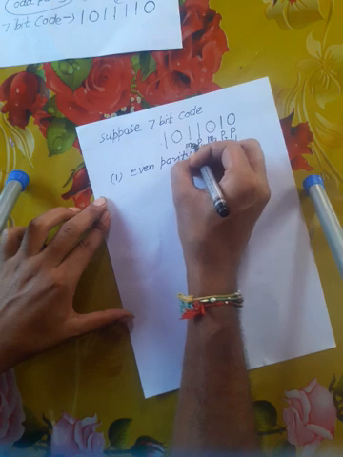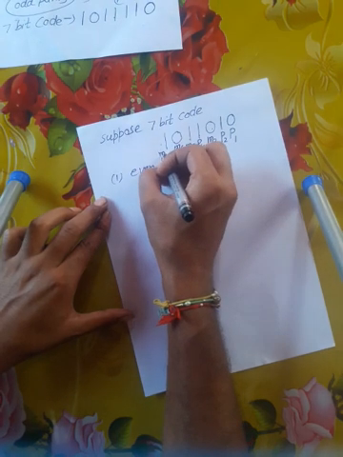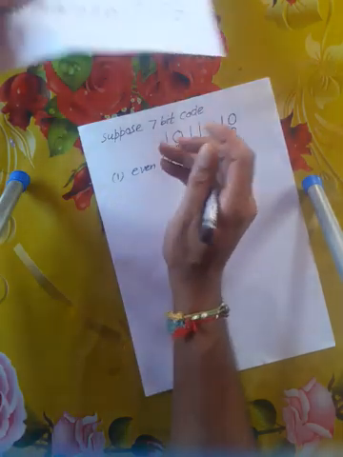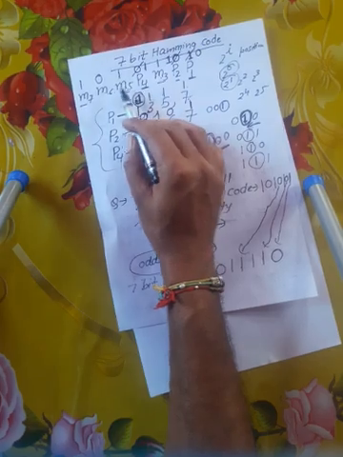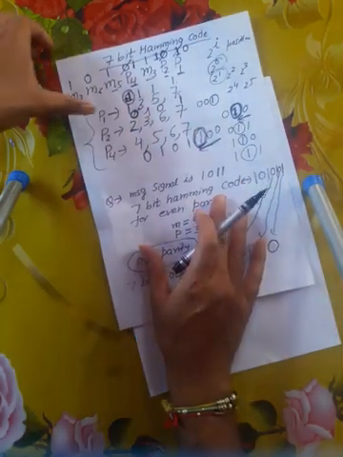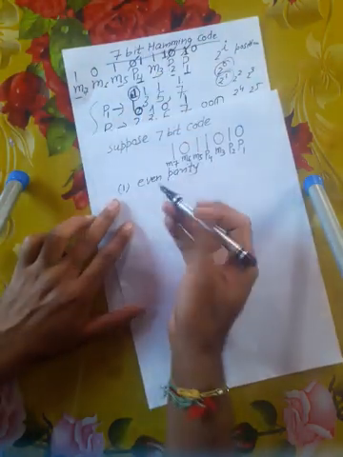You have to remember this sequence. This is M6 and this is M7. From where it is coming? It is the same sequence: P1, P2, M3, P4, M5, M6 and M7.